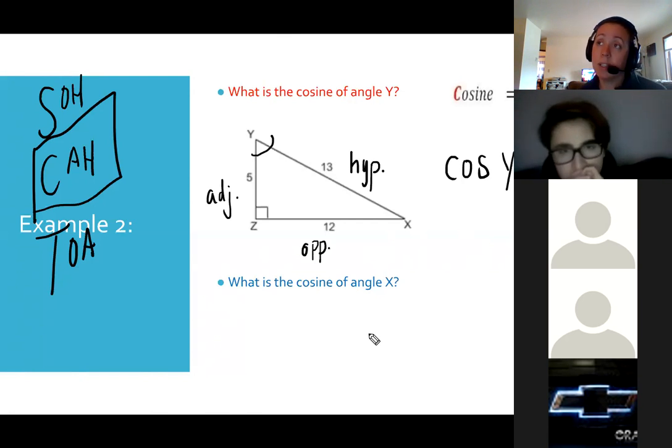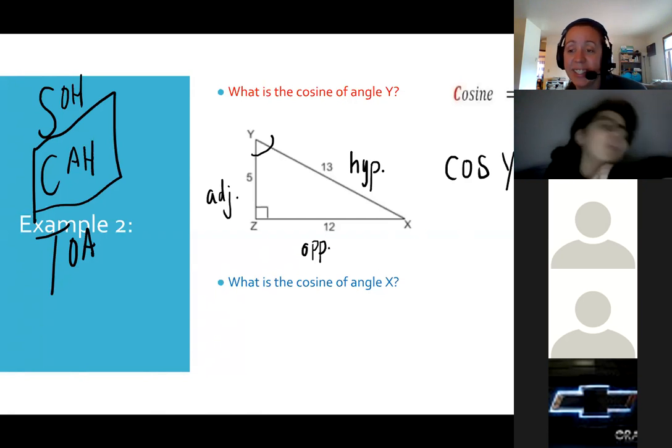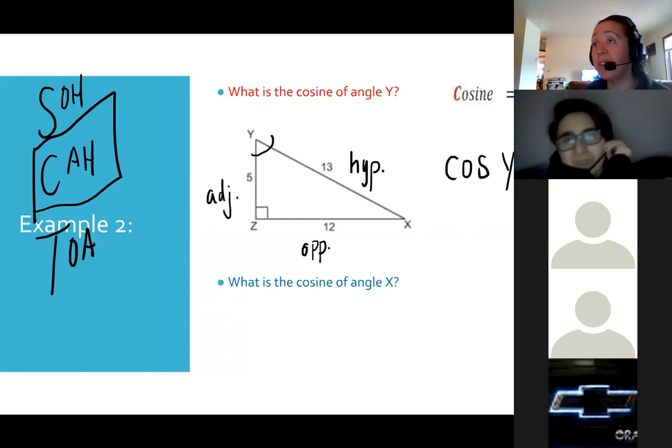Okay. Liana, what do you think? Angle y, what would the cosine be? Yeah, it's going to be 5 out of 13 because my opposite side's 12, so adjacent is 5. And the hypotenuse is 13. So 5 out of 13.